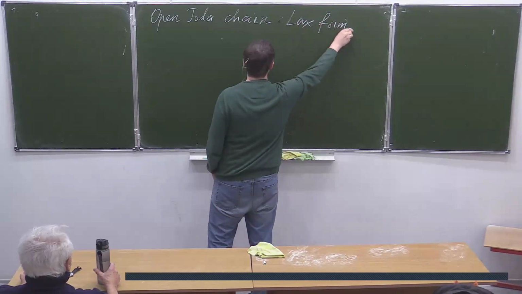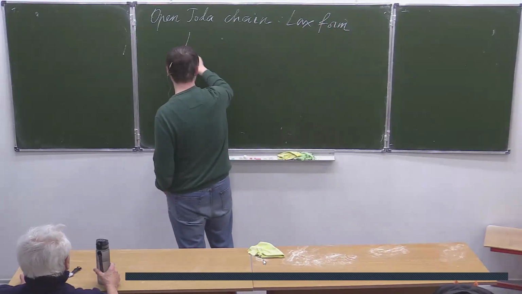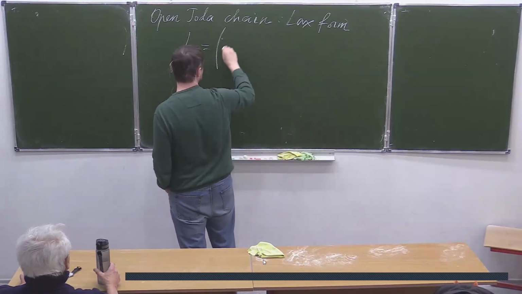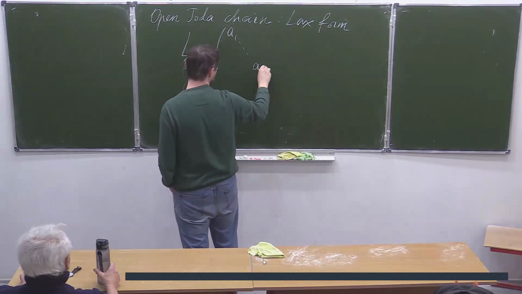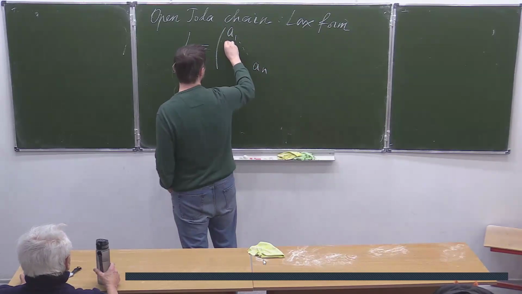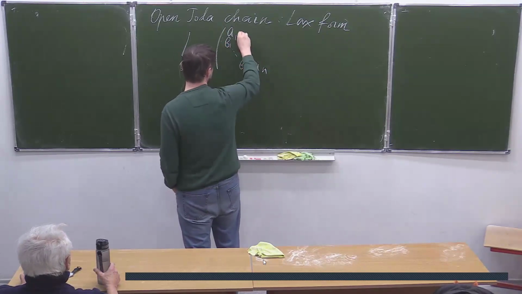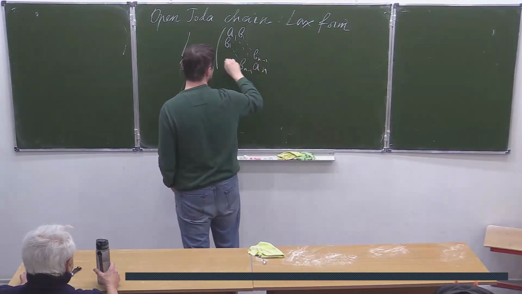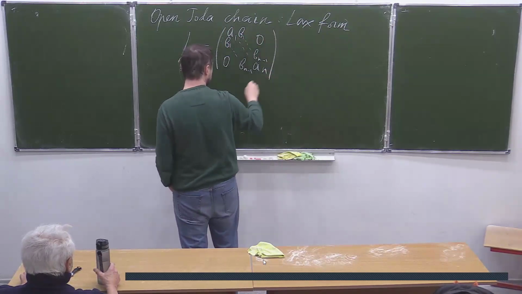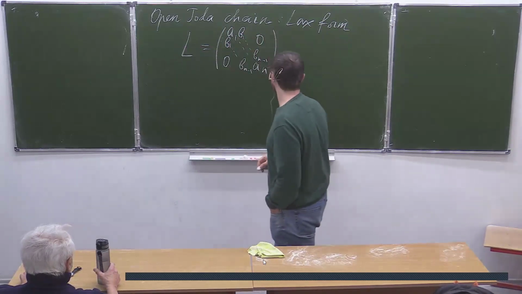We choose just one matrix L, which is symmetric and has three non-zero diagonals, A1 through An on the diagonal, B1 through Bn minus 1 are off-diagonal elements, and zeros stand on all the other places.